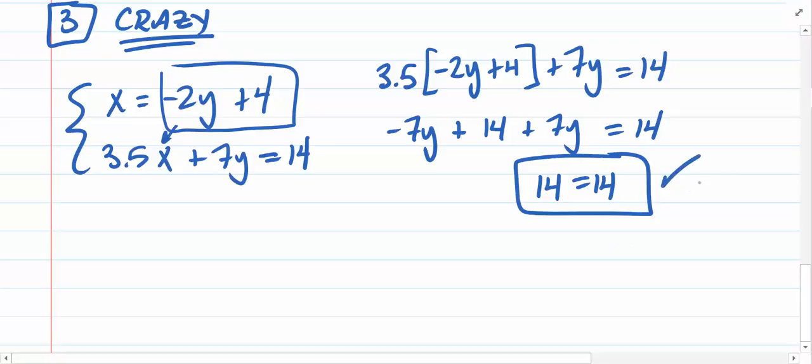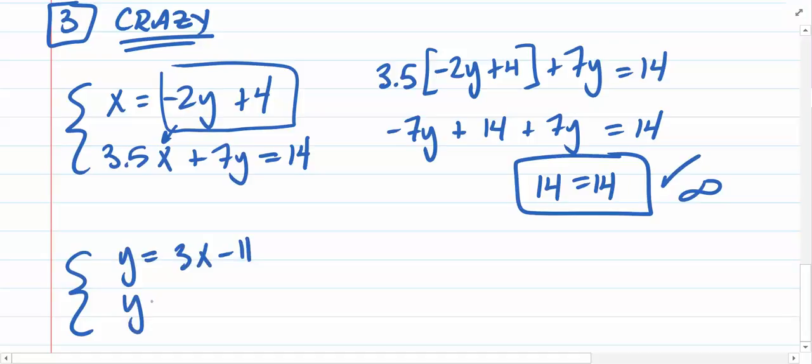Now, we're going to do another example, same box right below it. Y equals 3x minus 11, and y minus 3x equals negative 13. Excuse me, I wrote that wrong. So let's focus on this one for a second.